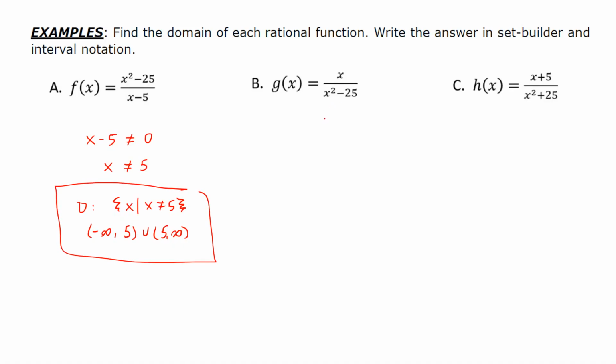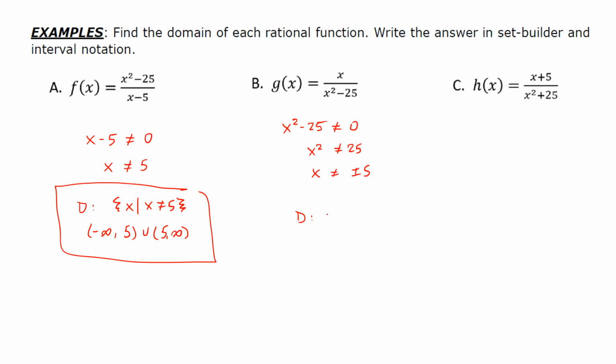For b, we have g of x, and its denominator is x squared minus 25. This expression cannot equal 0, so x squared cannot equal 25, which means x cannot equal plus or minus 5.